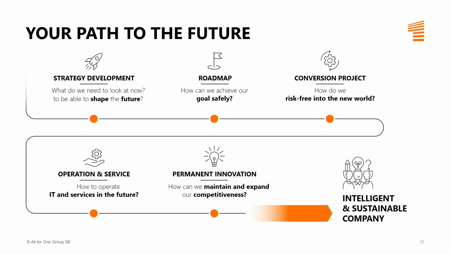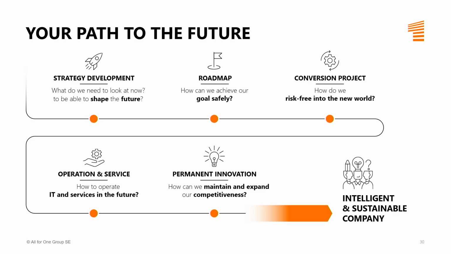How do we think about the path into S/4HANA? There is a change, and we think we have to think about strategy development. What do we need to look at now to be able to shape the future? We are turning technology into business success. The roadmap: how can we achieve our goal safely?